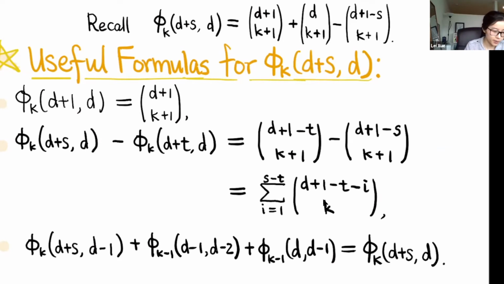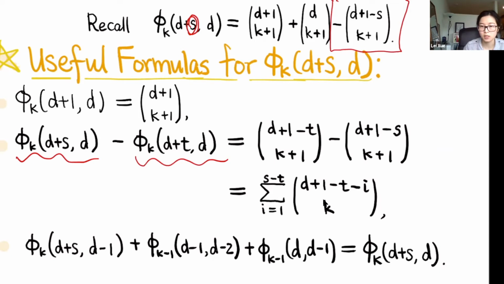And when you compare these two, notice that this term s in the original formula only shows up in the very last term. So when you compare phi k of d plus s comma d with phi k of d plus t comma d, the first two terms get canceled, and this difference on the right hand side can be equal to this, I think, by applying Pascal's triangle over and over iteratively. And combining the first and second formulas, we'll get the last one.